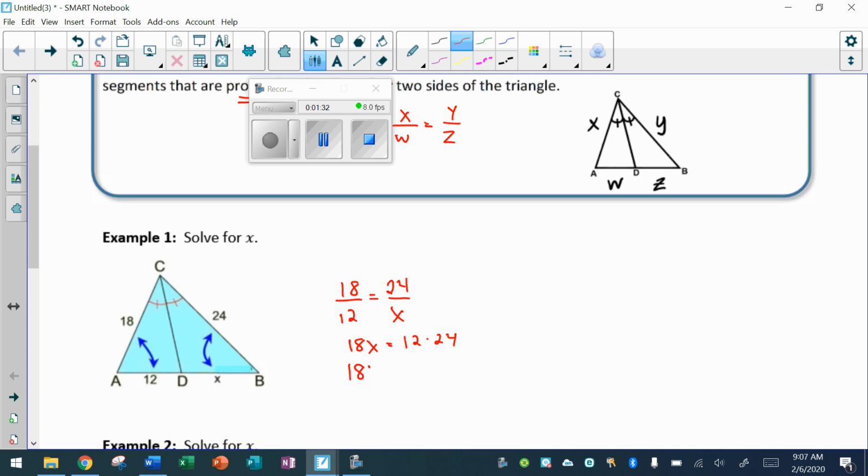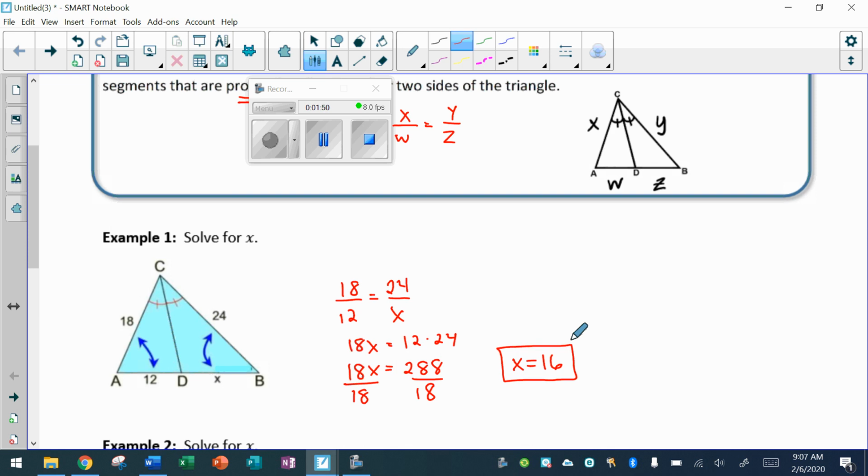So I have 18x is equal to 288. To solve for x, I'm going to divide both sides by 18. And 288 divided by 18, x should be 16.